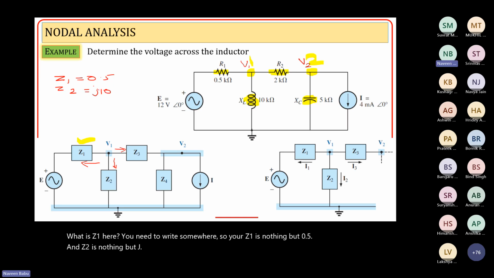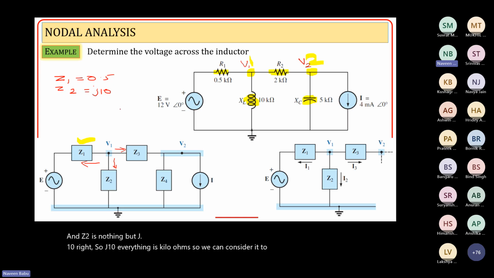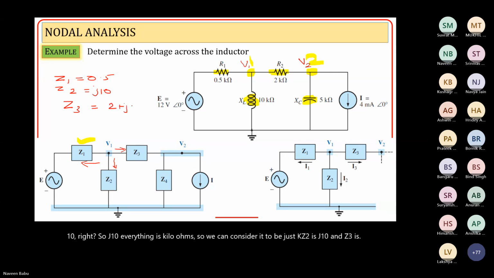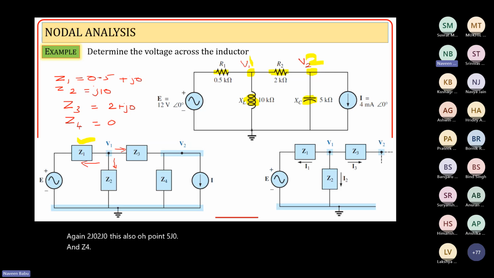Everything is in kilo ohms, so we can consider it to be just K. Z2 was J10 and Z3 is again 2 plus J0. This also 0.5 plus J0, and Z4 here is going to be 0 minus J5.